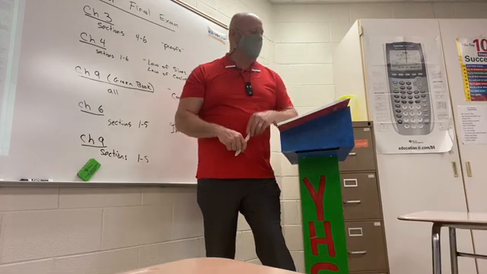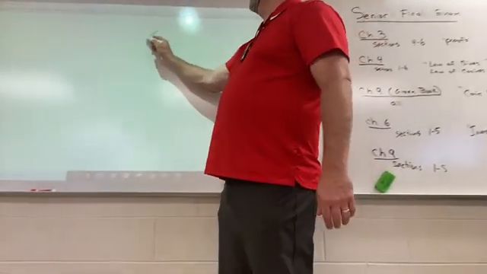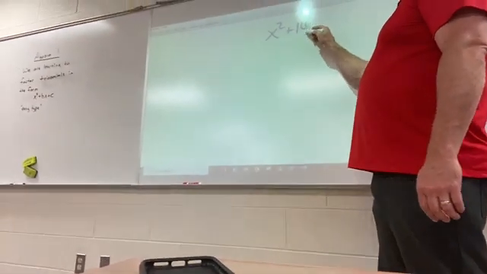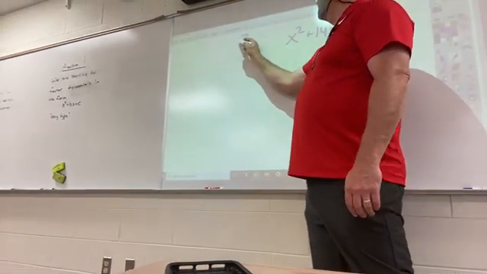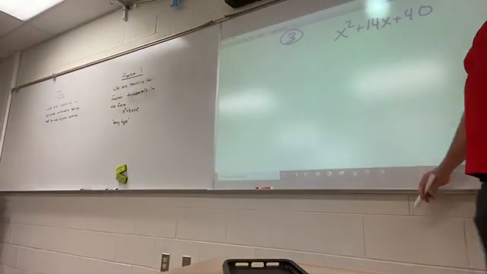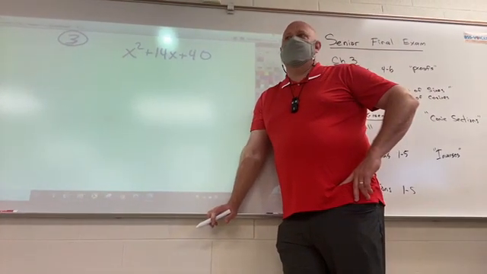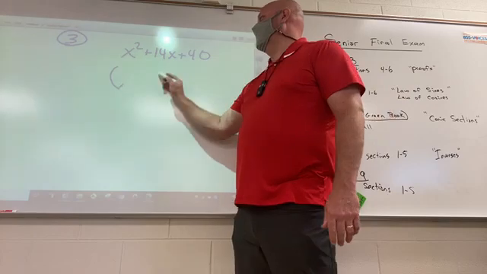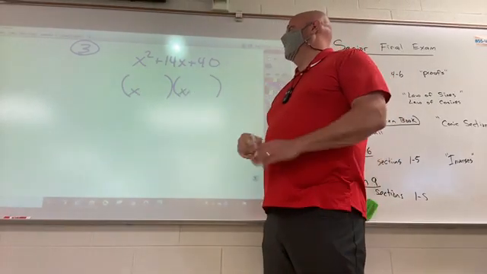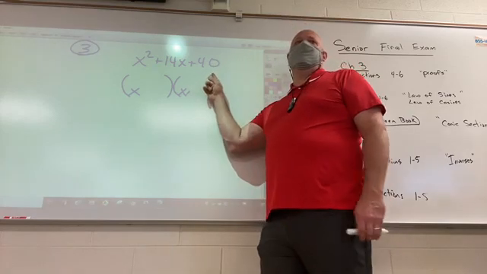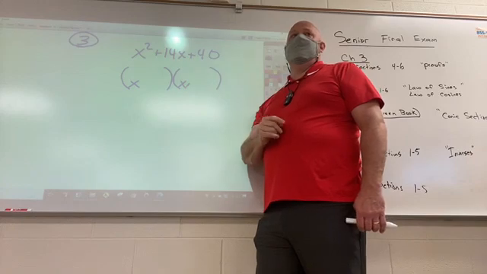Let's try the first problem of your homework together. So it's x squared plus 14x plus 40. This is number 3. What am I looking for here? Two numbers that do what? Two numbers that multiply to 40 and add to 14.